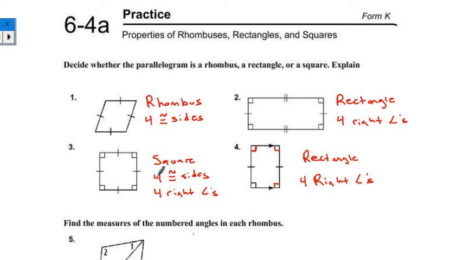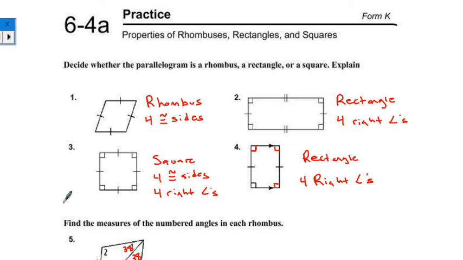Okay, so from here, this next one, in a rhombus, the diagonal bisects the opposite angle, so if this side is 38, this side is also going to be 38. And then by alternate interior angles, this angle right here would be 38, as would this one, 38.